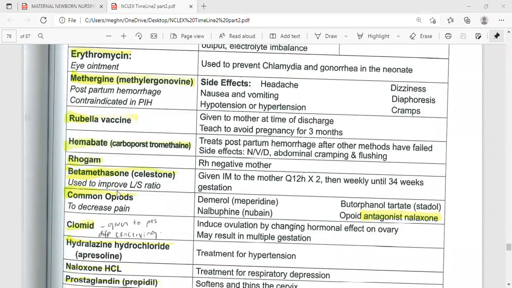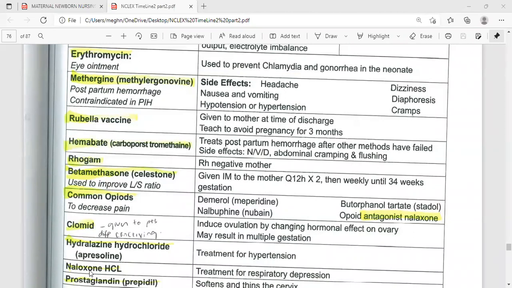Opioids are a class of drugs used to reduce pain, and prescription opioids can be prescribed by the doctor to treat moderate to severe pain, but can also have serious risks and side effects. The common types of opioids, as I told you, are oxycodone, hydrocodone, morphine, methadone, or fentanyl.